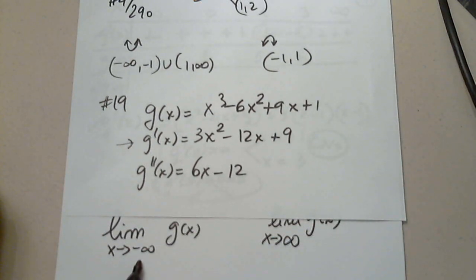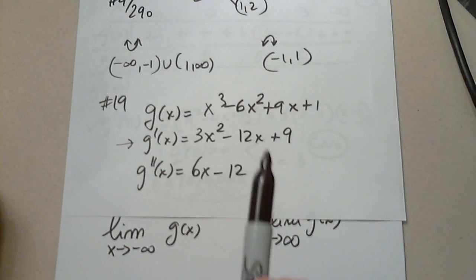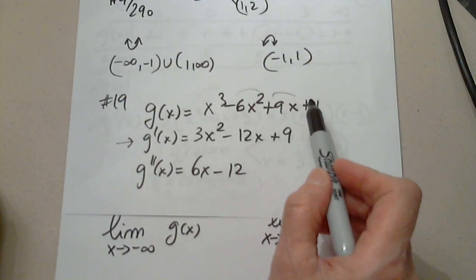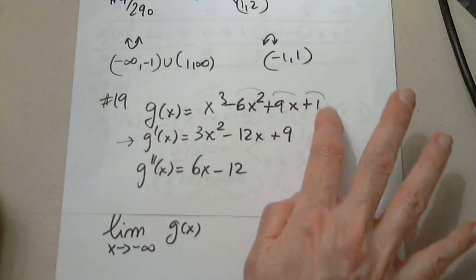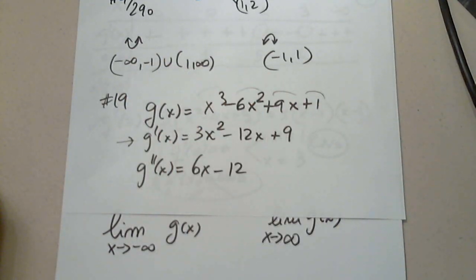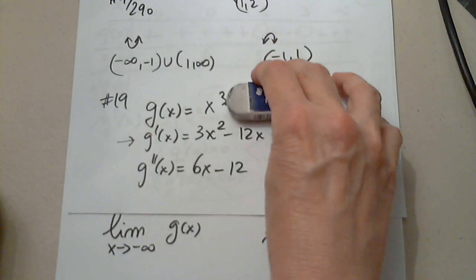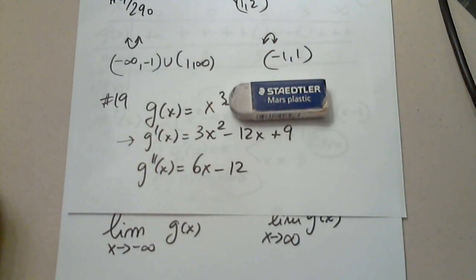As x approaches negative infinity or infinity, which of these 4 terms is the most powerful, the one that leads? I'm talking about infinity or negative infinity. Which one is the most powerful? The one that will dictate. From these 4 terms, which one? x cubed. Excellent.